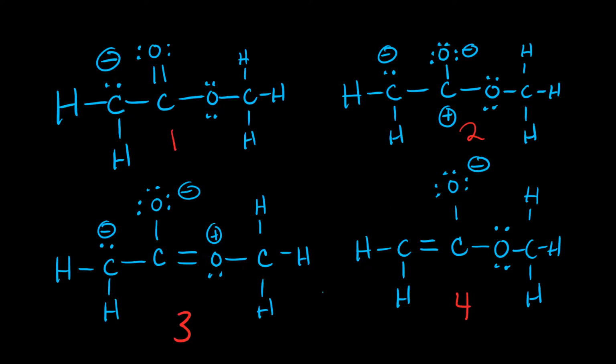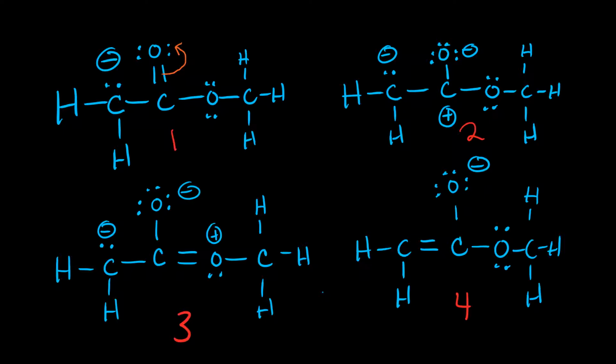Let's practice drawing the appropriate resonance arrows on the methyl acetate structures to indicate electron movement. So to get from structure 1 to structure 2, I'm going to draw an arrow indicating movement of the one set of the pi electrons up toward the oxygen, which makes sense based on electronegativity that the electrons would want to go towards the oxygen.